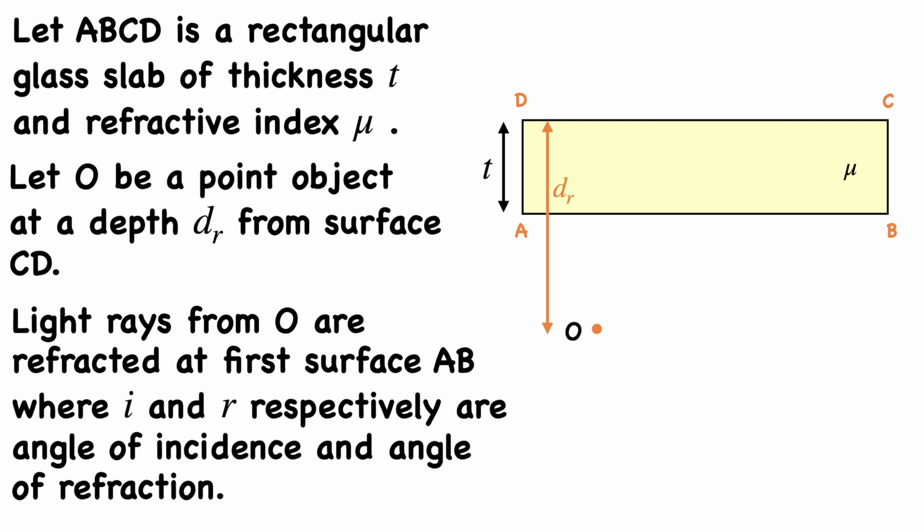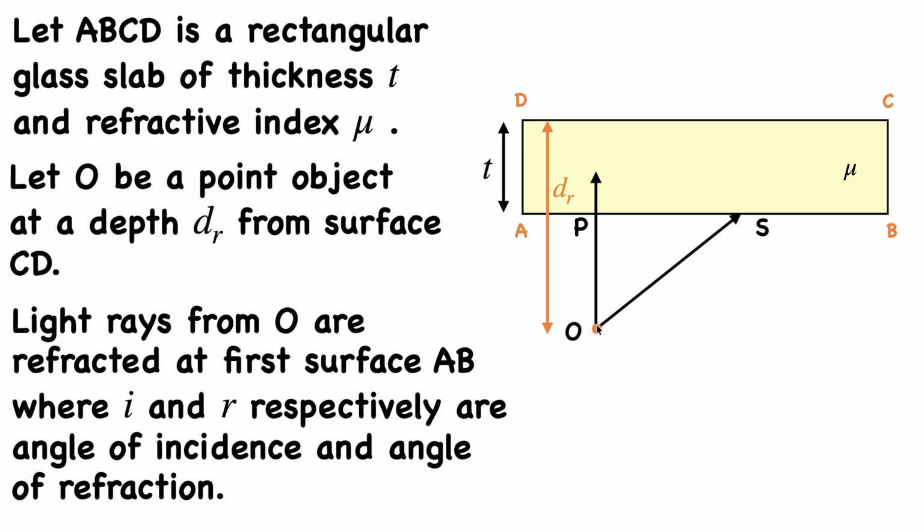Light rays from O are refracted at the first surface AB, where I and R are respectively the angle of incidence and angle of refraction. Consider two light rays from the point object O. One goes along OP and falls normally on surface AB and goes straight.